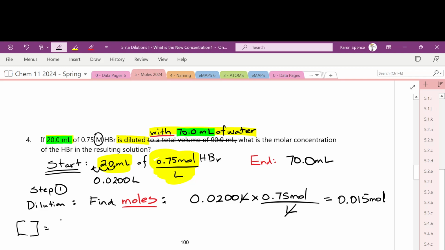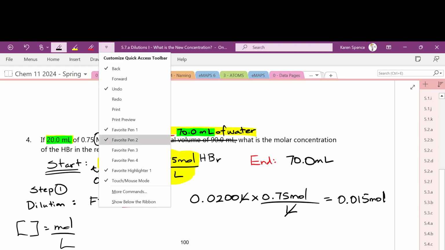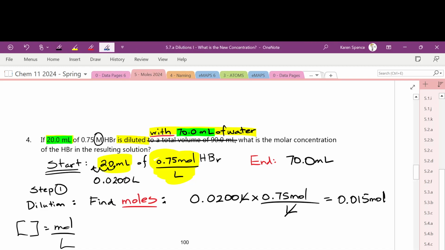Concentration is moles over liters. And people will say, oh, I got my moles. Hold on, because this is what people do wrong. Don't copy it down. They say, oh, I'm going to divide that by my final volume. Whoops. Should that say 70? That should say 90. I don't know what was wrong with me there.